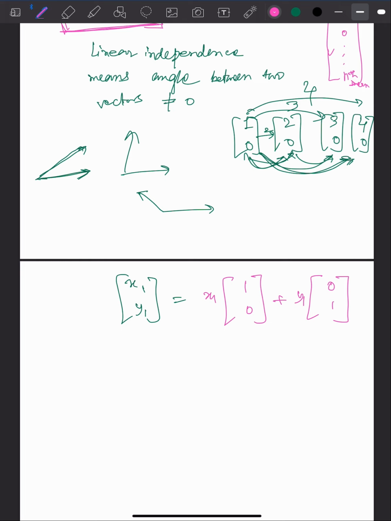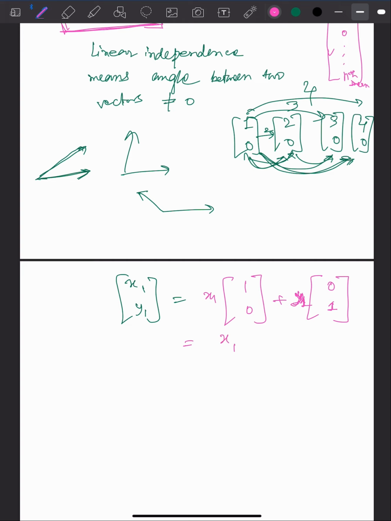As this is the x coordinate and this vector is parallel to the x-axis, this is multiplied with this basis vector, and this is the y coordinate which will be the scalar multiple of 01.